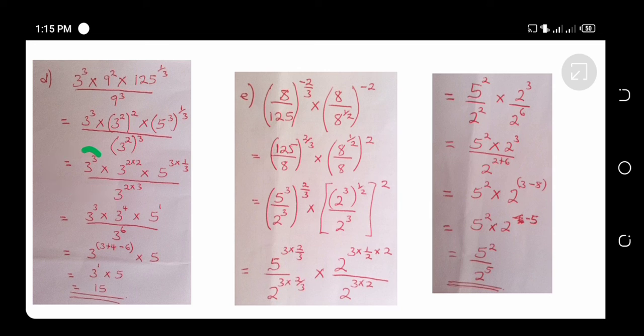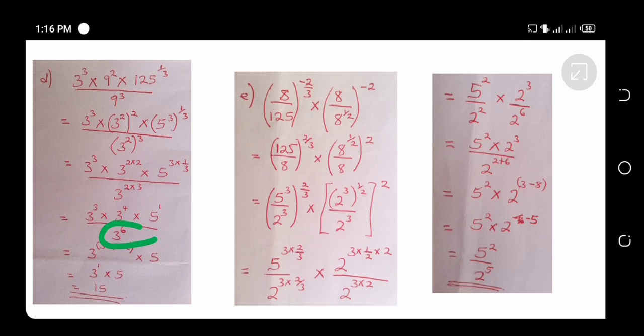Here you find 3 cubed, 3 to the power 2 times 2, 5 to the power 3 times a third, and then here we get 3 to the power 2 times 3. So here we get 3 to the power 3, 3 to the power 4, and then 5 to the power 1, because the powers here have to cancel, and then here divide by 3 to the power 6.